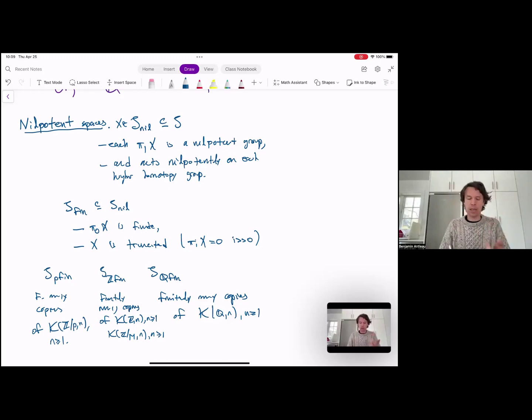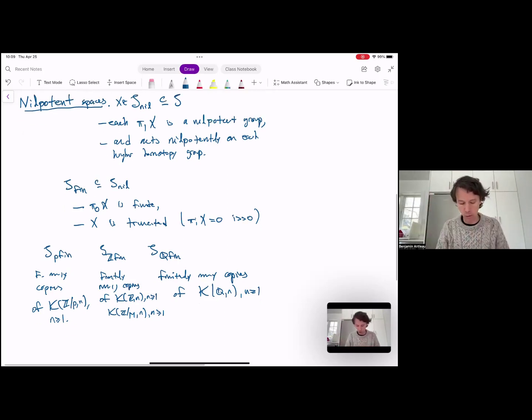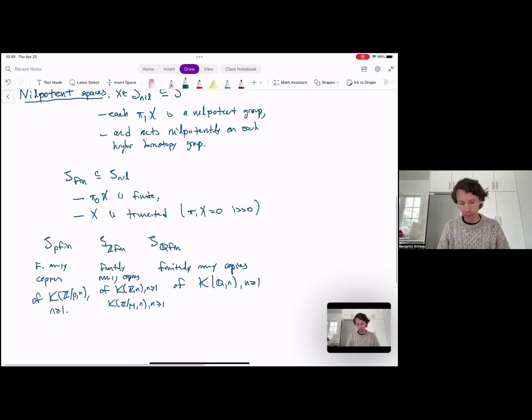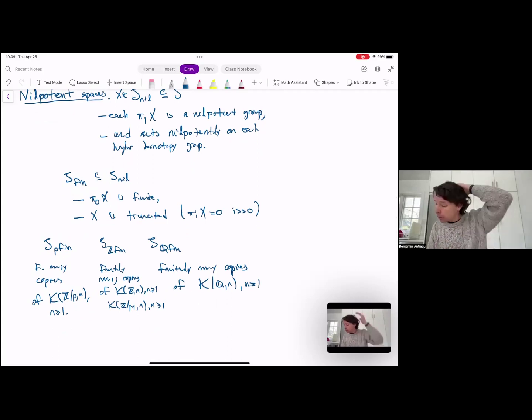Similarly, in the rational case, pi1 is a nilpotent group, and in its lower central series, each of the graded pieces is a Q vector space, and there are only finitely many, and similarly the higher homotopy groups are finite dimensional Q vector spaces and so forth. So it's just some finiteness hypothesis I want to keep in mind.